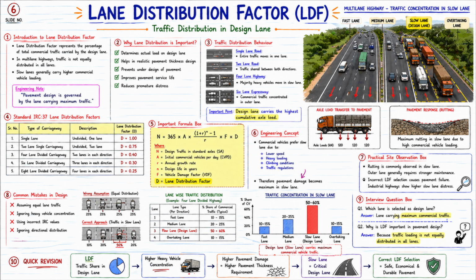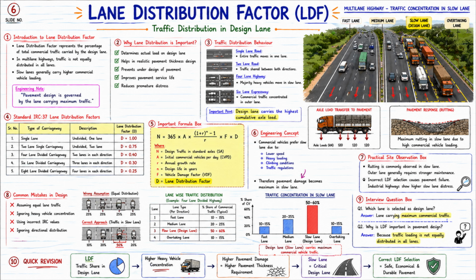3. Traffic distribution behavior. Now different road conditions are shown here. Single lane road. All the traffic moves in a single lane. Therefore the entire load falls on that pavement. Two-lane road. Traffic is divided in both directions. But commercial vehicle concentration can still be uneven. Four-lane highway. Now the important thing starts here. Majority of heavy vehicles move in the slow lane.